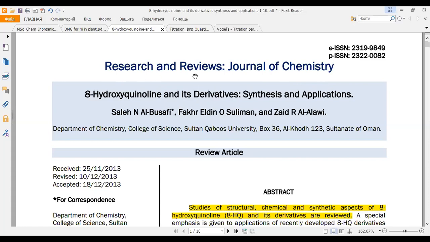So this kind of article is very helpful, because now we want to know about 8-hydroxyquinoline. We cannot go to every article and read how it is used. So people have read all those articles and summarized them here in a very good, scientific manner, so that we can read them. And if we find any of those applications or syntheses helpful, then we can go to that paper and study in depth.